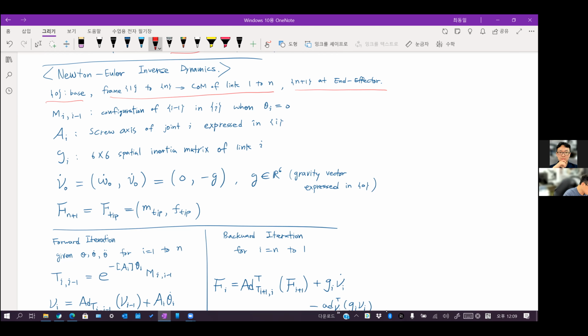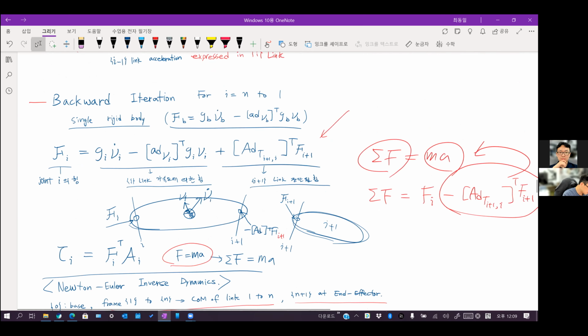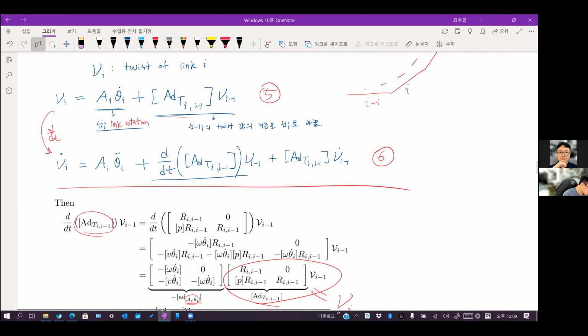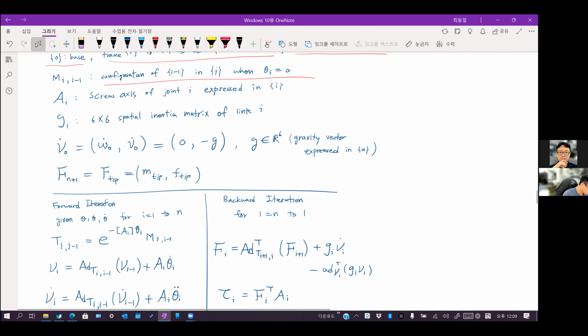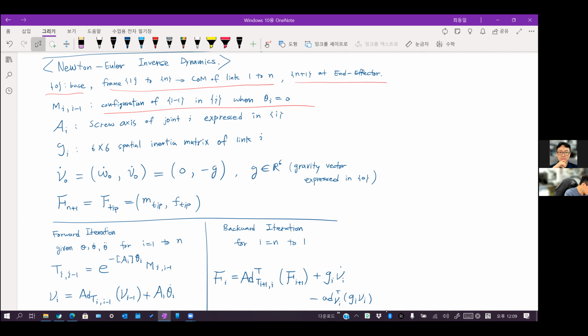And the configuration of i-1 in i, at theta equal 0, is needed because we will use this somewhere. This one is also needed. And then this one is the screw axis, which is joint i expressed in i. And this is the spatial inertia matrix of the i-th link.